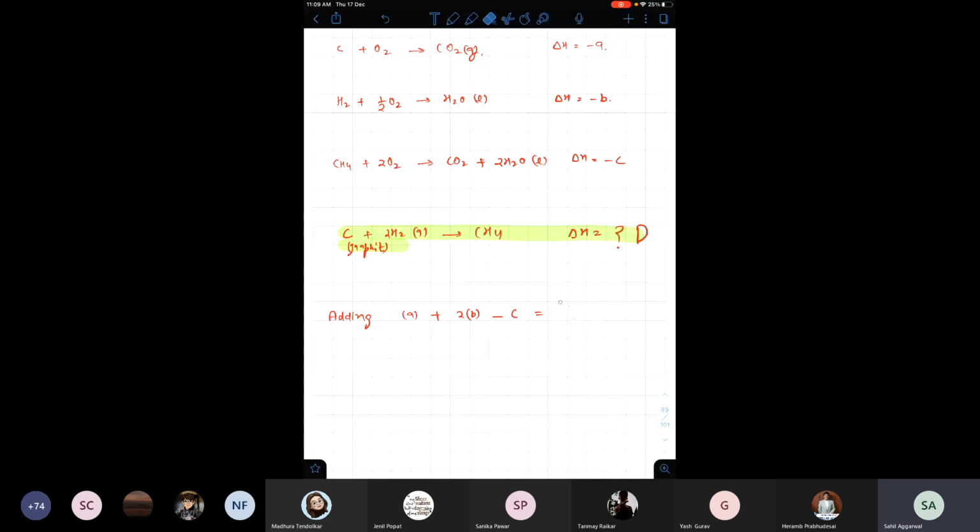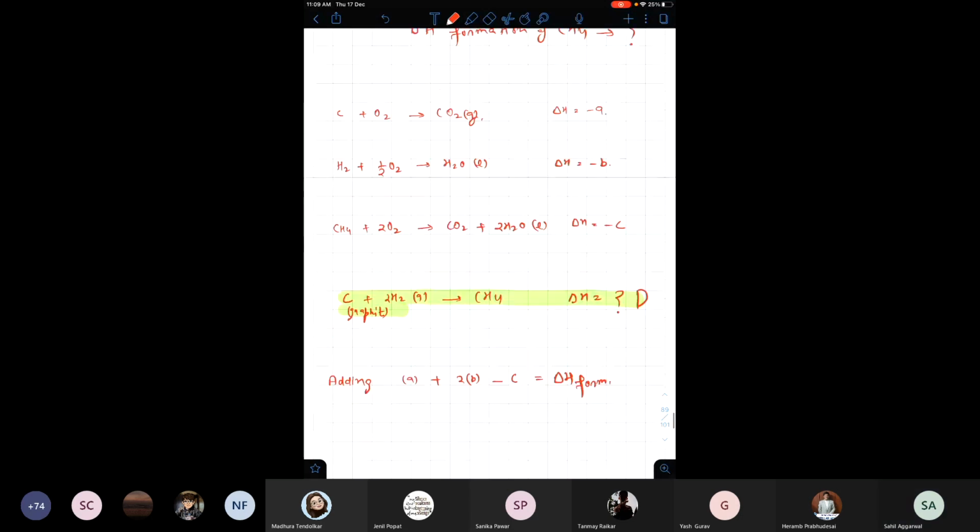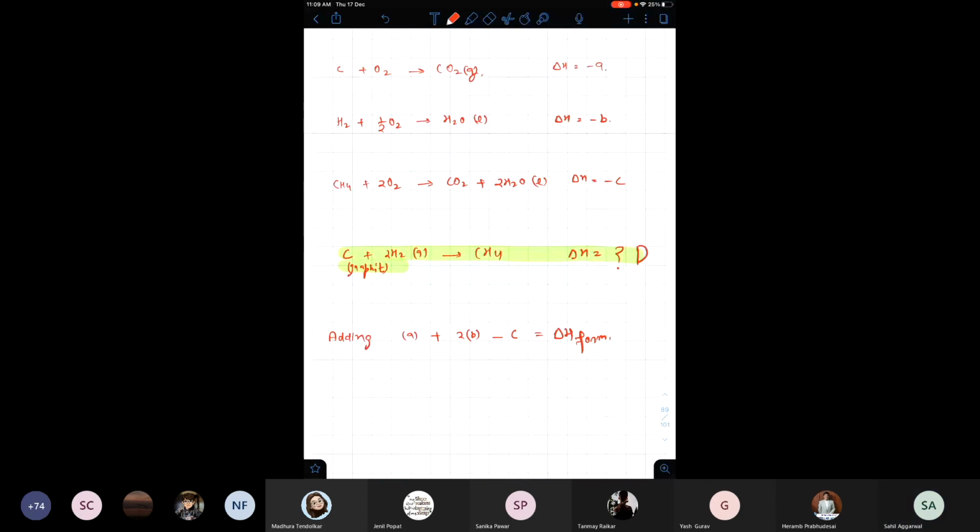Any problem to anyone in this? इतना सोच सकते हो आप? So it will be minus A plus minus B minus 2B minus minus C is equals to delta H of formation.